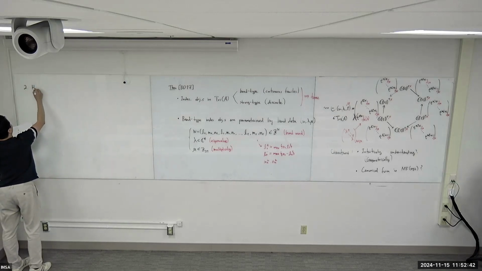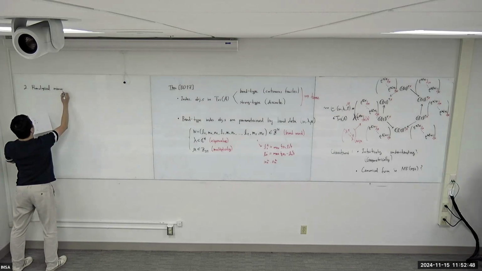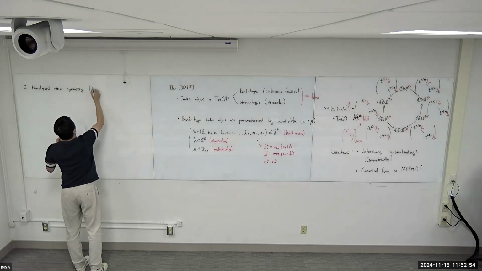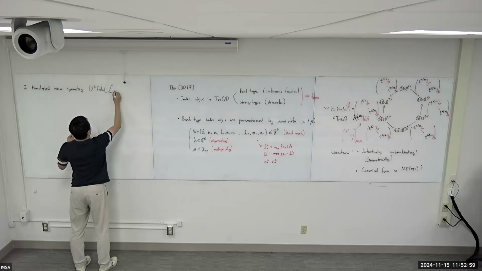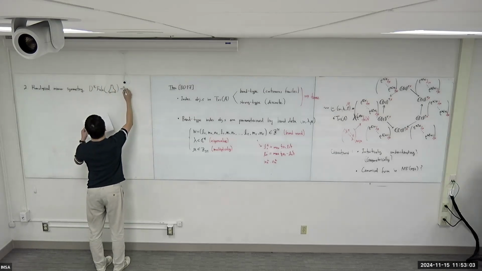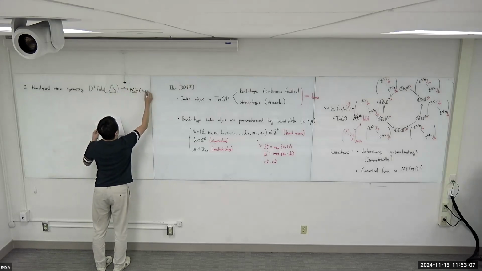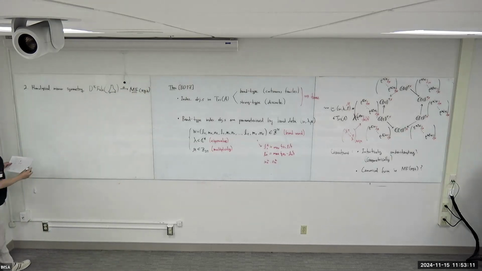Okay, so now let me review a little bit of homological mirror symmetry relevant to these categories. Here I have some Fukaya category of this surface, equivalent with the category of matrix factorizations.